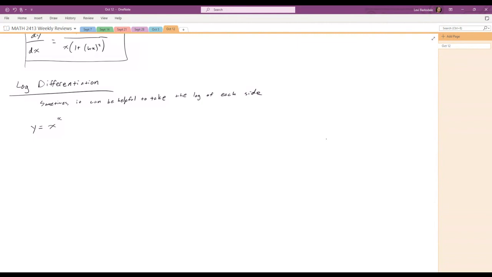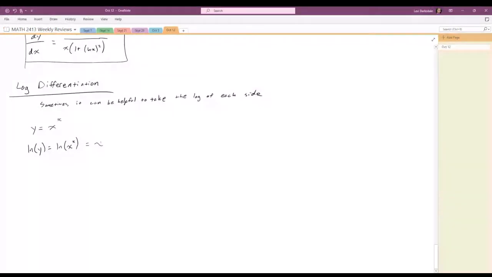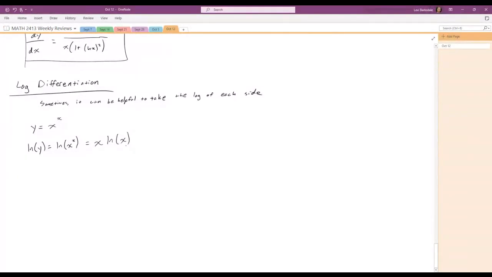We don't know how to do it when they're both in there. But if we take the natural log of each side, well, in this case, our power rule for logs does apply. We can bring our x as an exponent out front as a coefficient. Well, suddenly, we know how to take the derivative of x times the natural log of x.